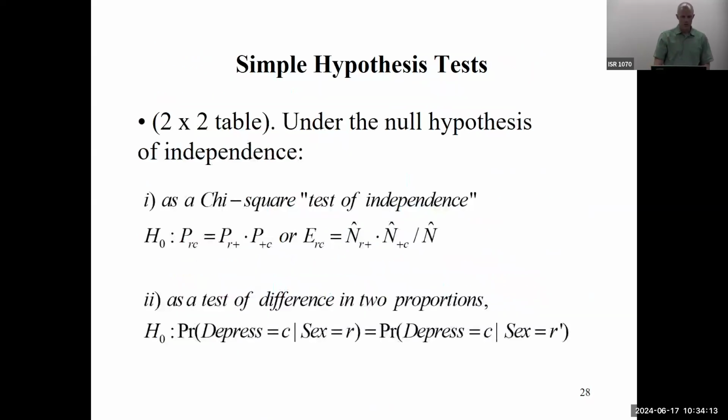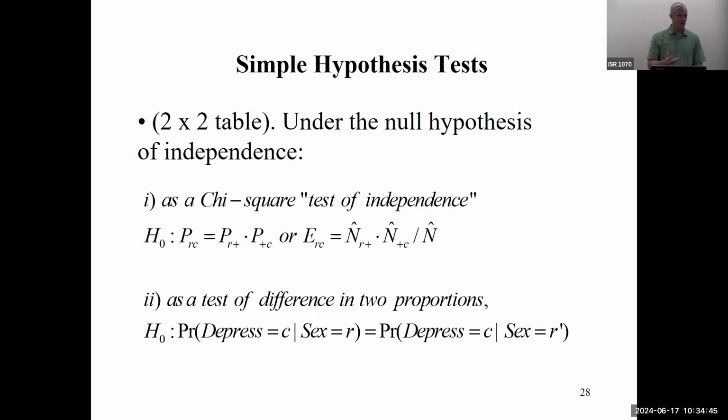So for a 2x2 table, the case we're looking at right now, under this null hypothesis of independence, we could do a test where you want to see if these two variables are independent. That's one way of thinking about this null hypothesis. Under the null hypothesis, we can write down the expected proportion in row R, column C of that table as simply the product of the proportion in row R overall and the proportion in column C overall.